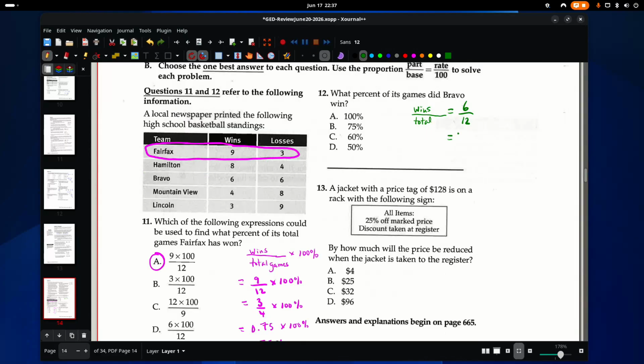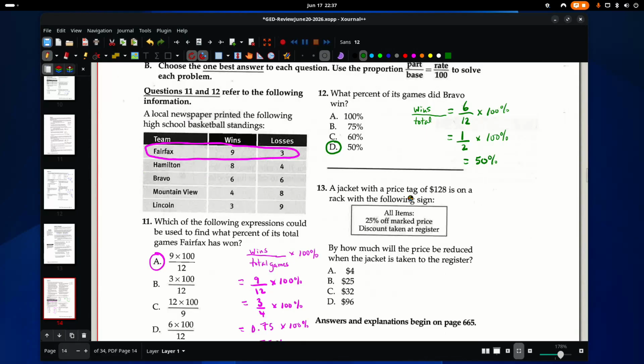If we reduce that, we can divide both by 6, so we get 1 over 2. So this is going to be times 100%, which gives us 100 divided by 2, which gives us 50%. So that is the percentage for Bravo's wins.